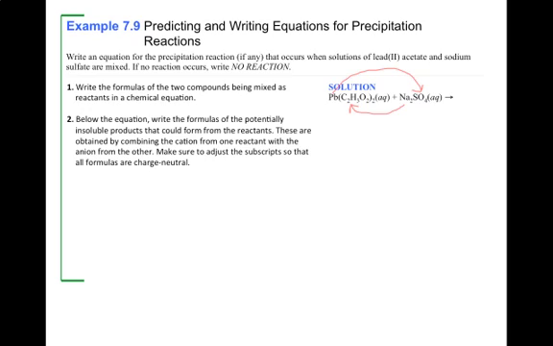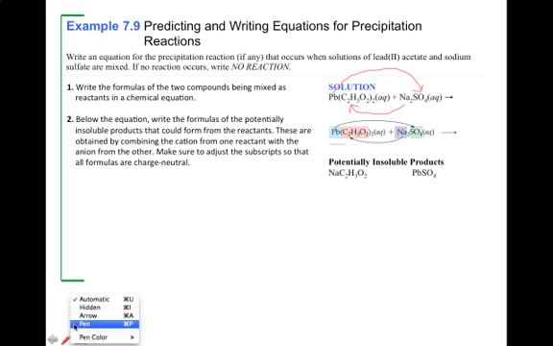Below the equation, write the formulas of the potentially insoluble products. So again, swapping the partners, it would be sodium acetate and lead sulfate. Okay, these are obtained by combining the cation from one reactant with the anion from another.